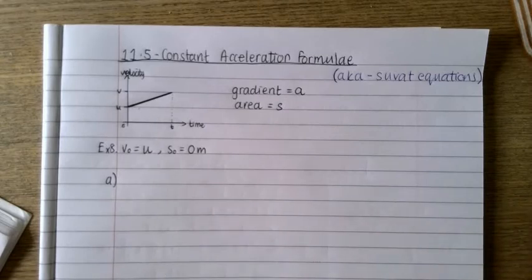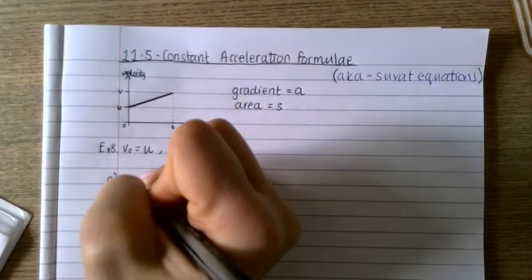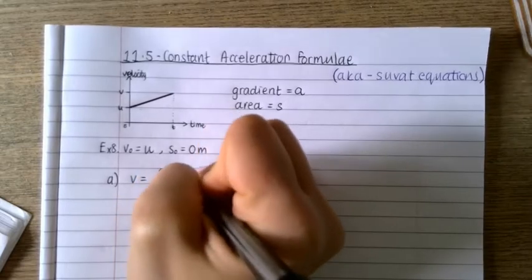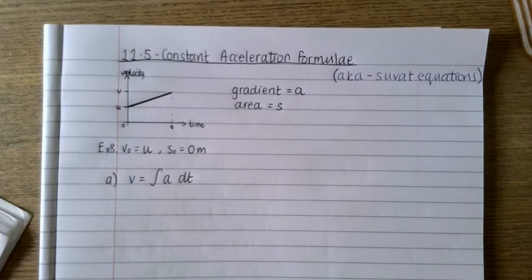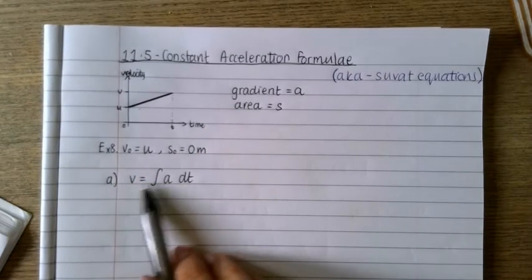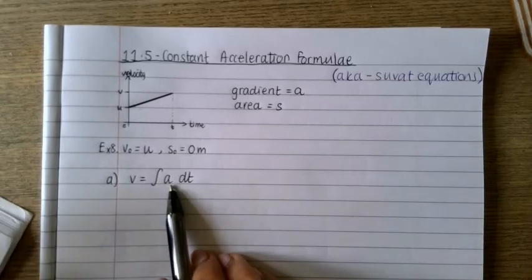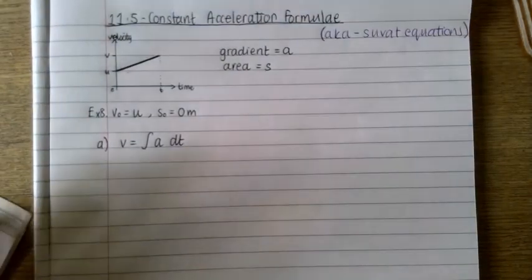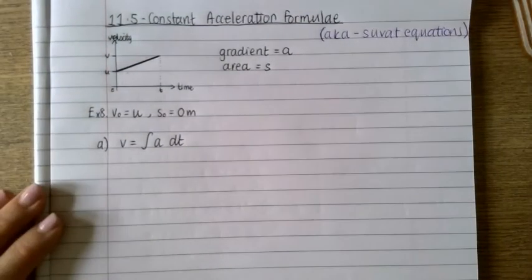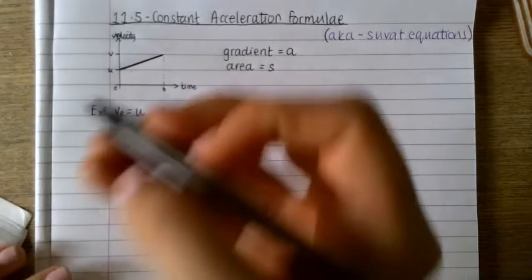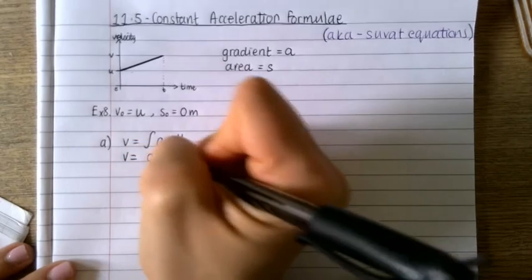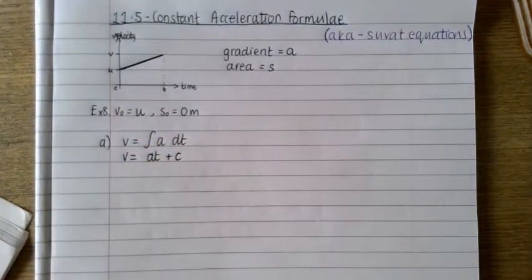So the way we do that is we think to ourselves, well, velocity is the integral of acceleration with respect to time. We're trying to derive an equation for velocity, so we're going to integrate the acceleration. And remember from the information given in the question, acceleration is constant. This is just a number, 1, 2, 3, 4, 5, 0.5, whatever. So when we integrate that constant, we're going to get v equals at plus the constant of integration c.